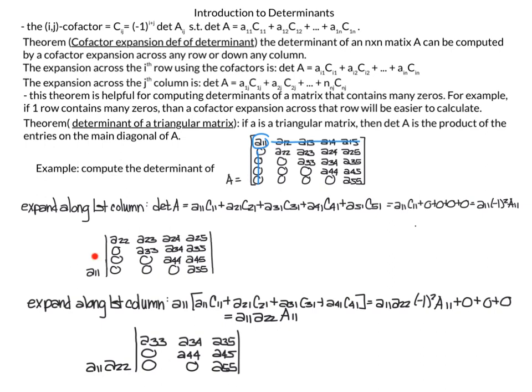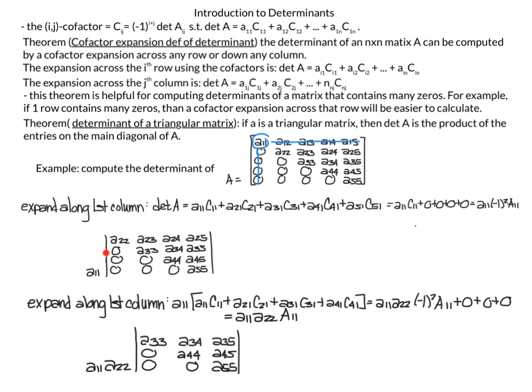So I brought down my A11, and now I copied the -1 squared is just 1, and I copied my matrix M11, which looks like A22, 0, 0, 0, A23, A33, 0, 0, A24, A34, A44, 0, and A25, A35, A45, and A55.